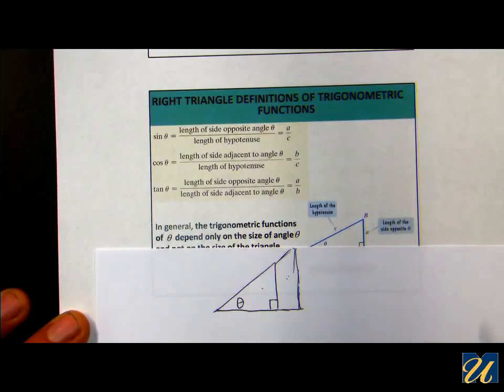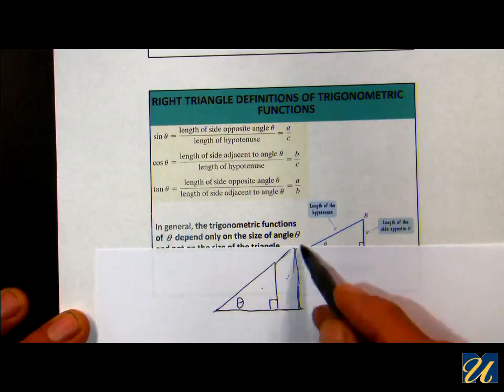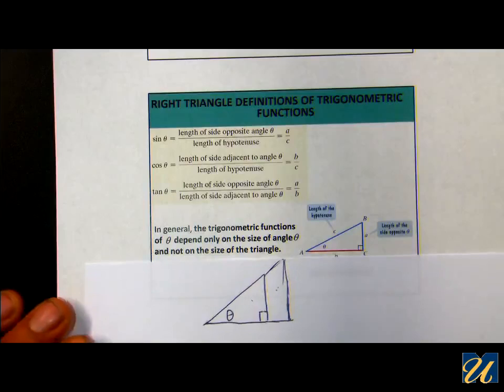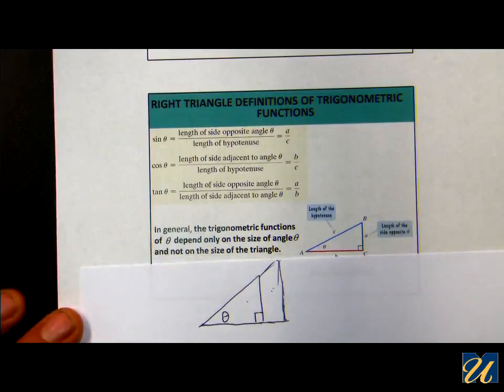So the values of the trig functions depend only on this angle and not on the particular size or the lengths of those sides, only on the angle. If you change the angle, then it changes the value of the trig function, and of course it changes the length of the sides. So the ratios are remaining fixed for a given angle theta.